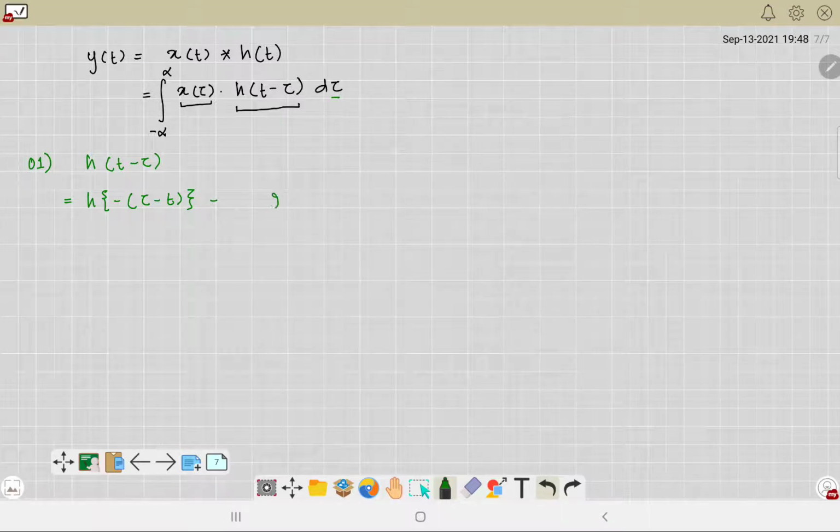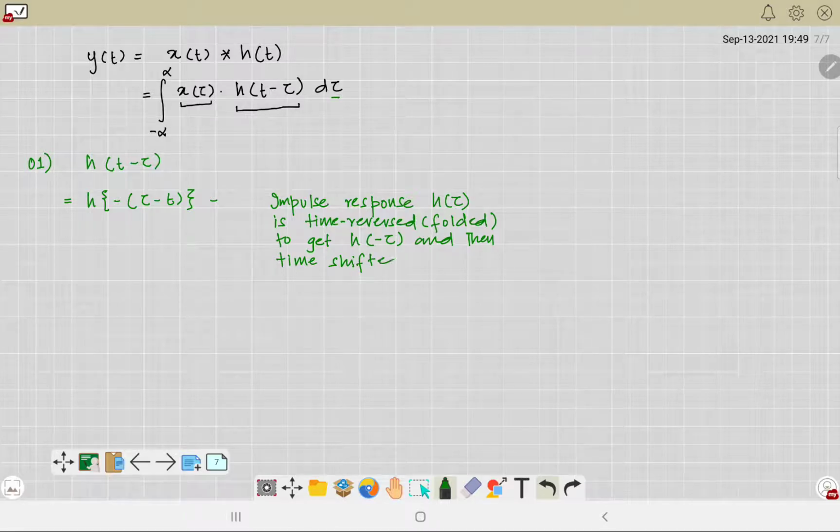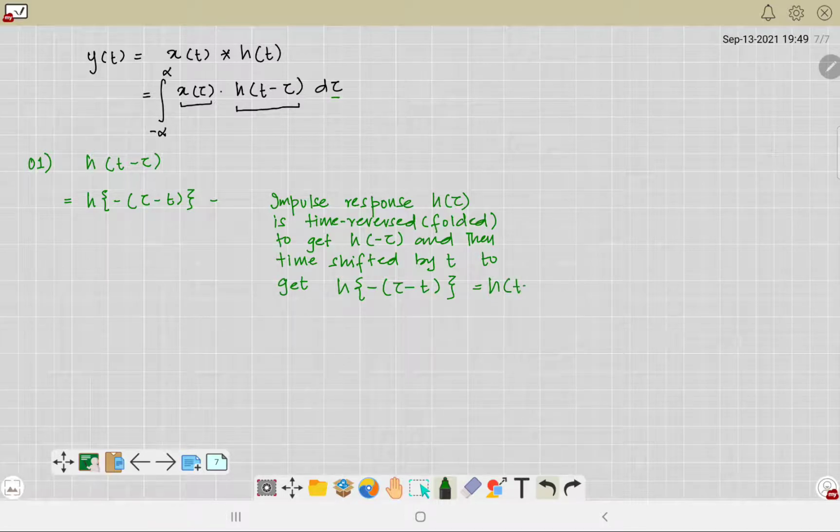So this basically means that the impulse response h of tau is folded, time reversed, to get h of minus tau, fine, and then time shifted by t to get h of minus tau plus t, which basically is h of t minus tau.